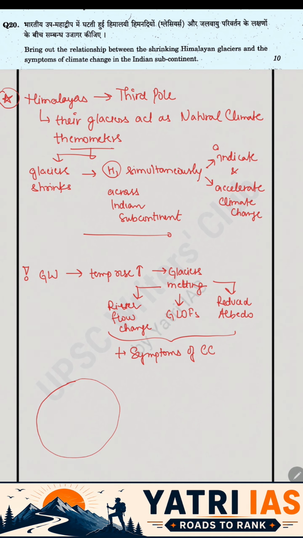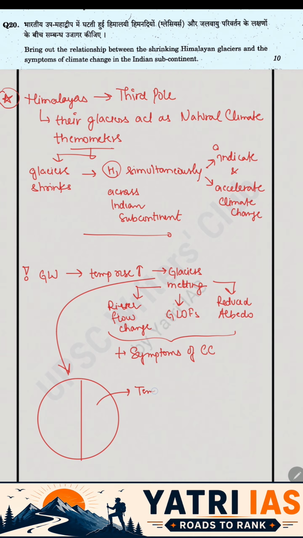Now you could also mention there are certain factors for glacier melting as well. You could mention those factors like around 50% is attributed to temperature rise.